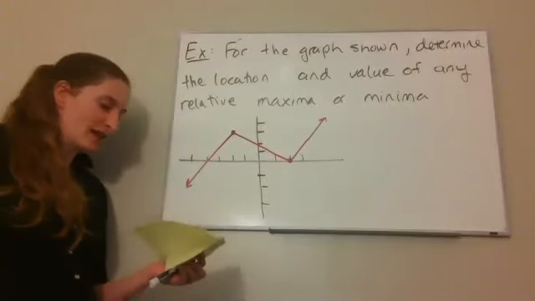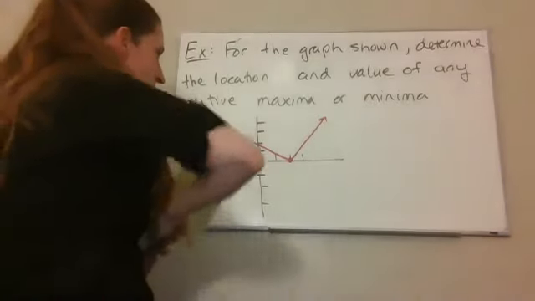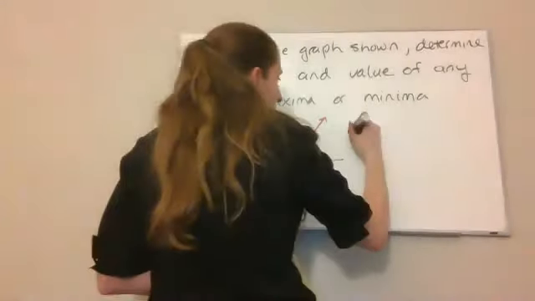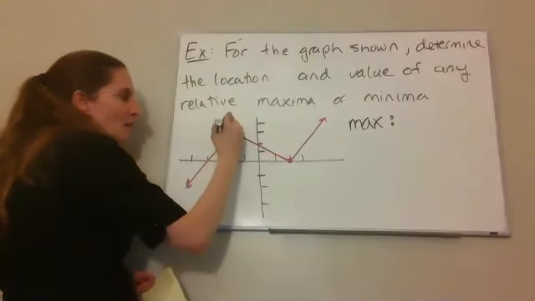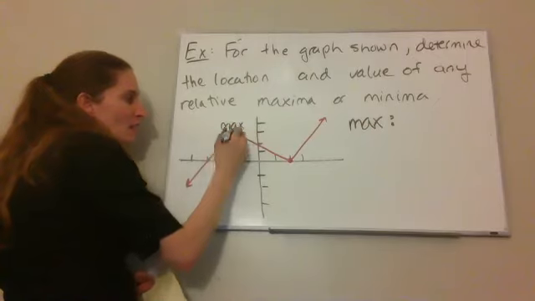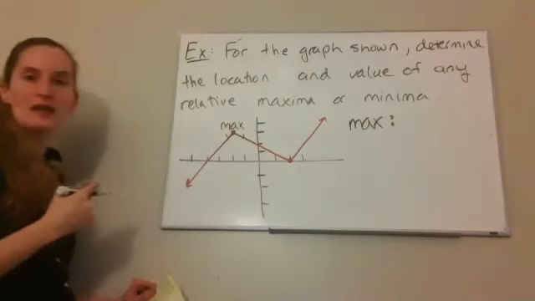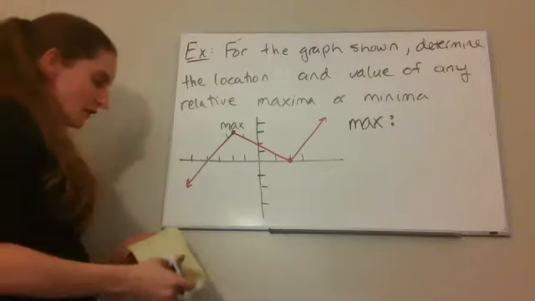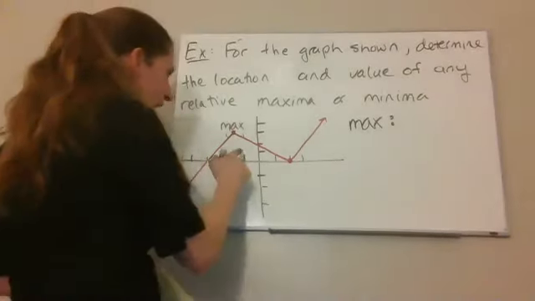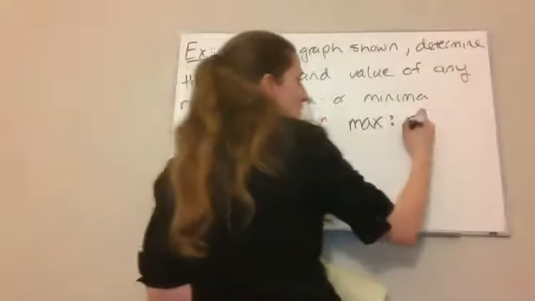So first, let's find the maximum. Looking at the graph, we can see that the maximum is this point here, because when I look close to it, it's the tallest point in that tiny little neighborhood around it. So our maximum occurs at x equals -2.